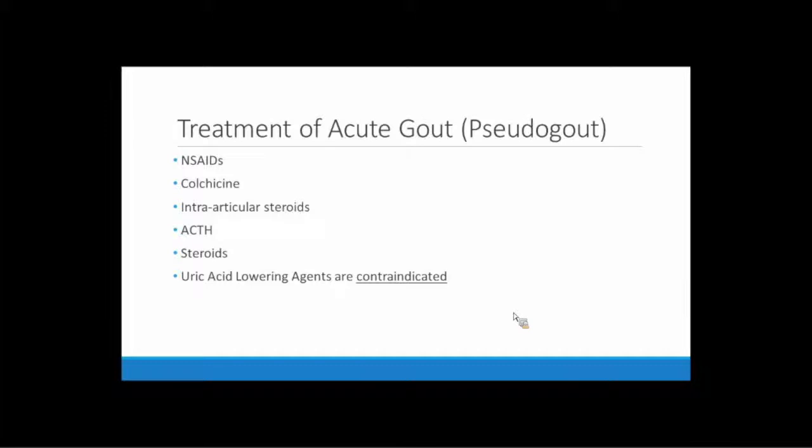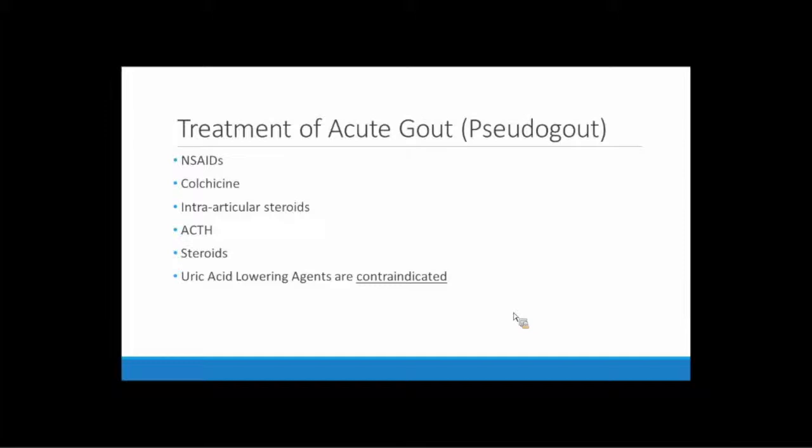The last thing I will ever do during an acute attack is initiate uric acid lowering. Why? There is a marked inflammatory milieu, right? You've got high levels of interleukins, etc. If you start to have fluctuations of uric acid across those membranes, you will convert a 3-joint attack into a 12-joint attack.